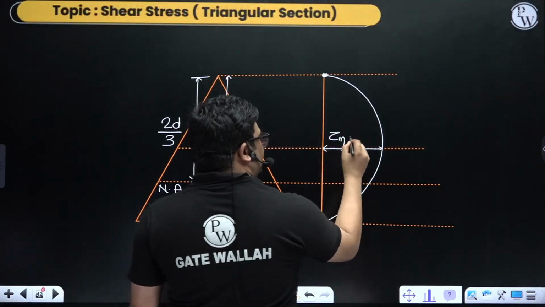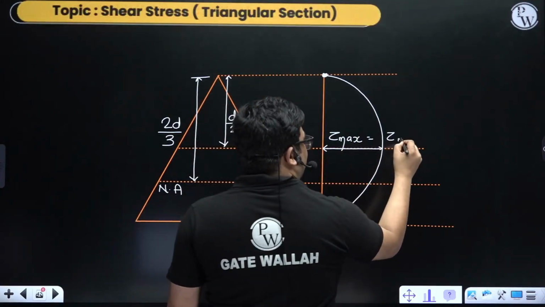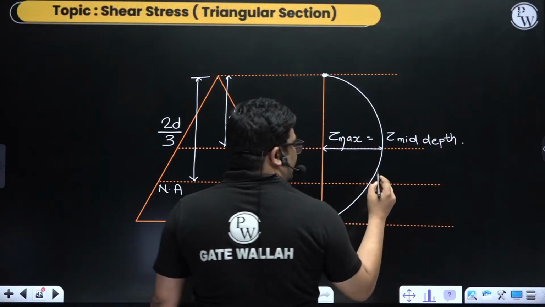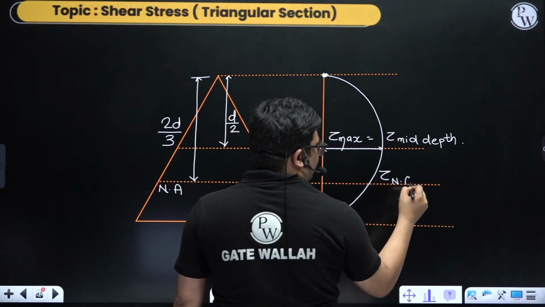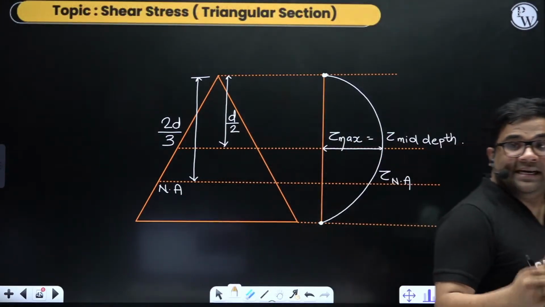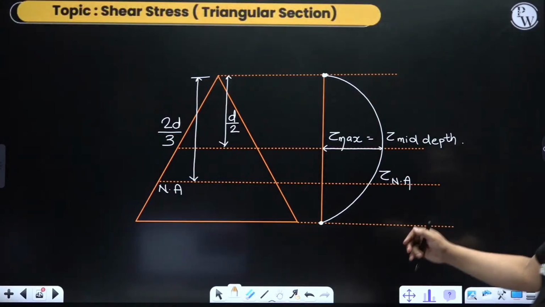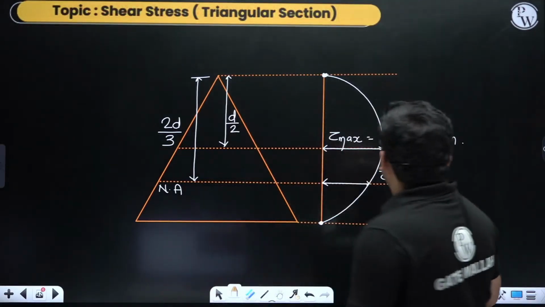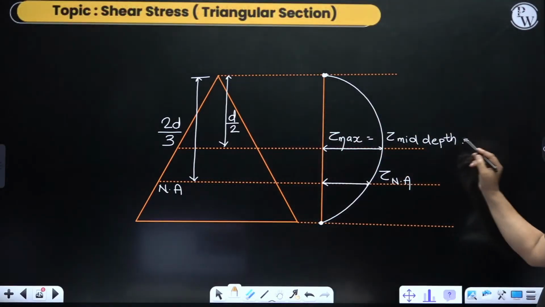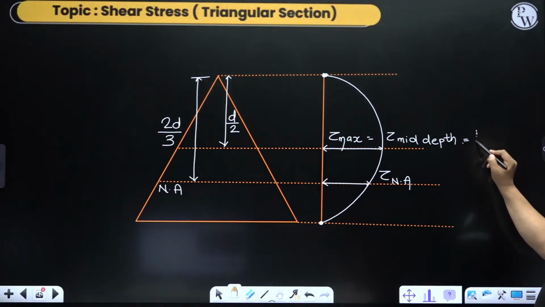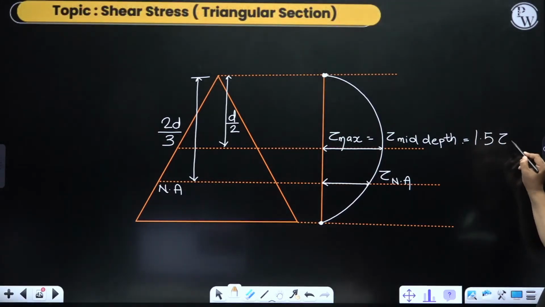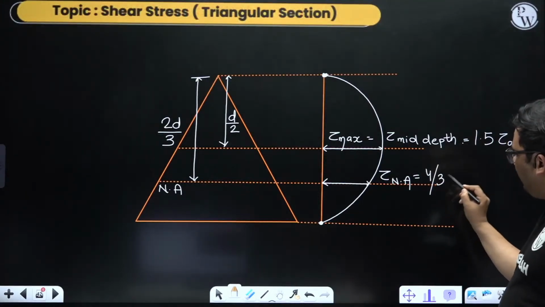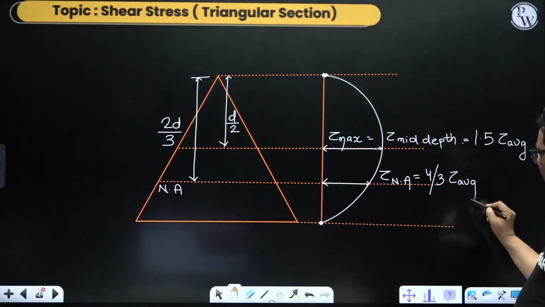But it is not equal to the shear stress at the neutral axis. Here the shear stress at the neutral axis is different, and obviously it is less. And this maximum one is 1.5 times the average one, and the neutral axis one is 4/3 of the average one, right?